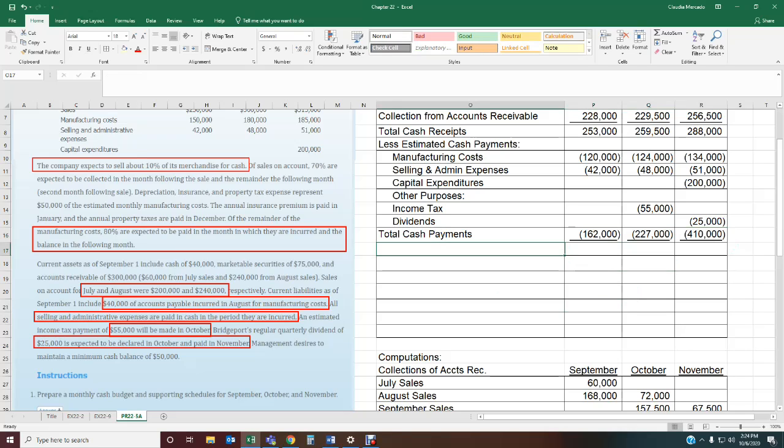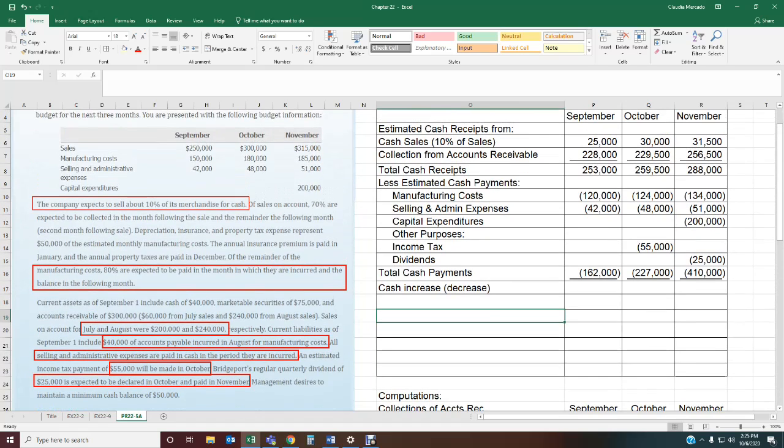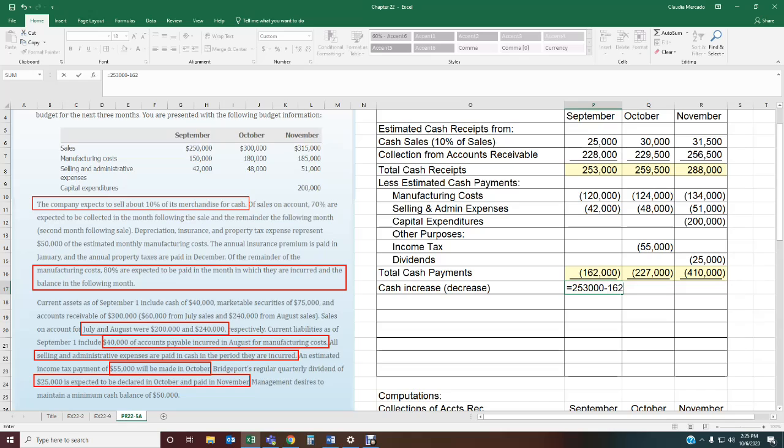Now we can figure out if our cash increased or decreased. If it's a positive number, it increased. If it's a negative number, it's a decrease. So what we're going to do is compare our cash receipts to our cash payments. Okay, that's what we're going to do. So I'm going to get my $253,000 minus my $162,000 cash payments, and that's going to give me $91,000.